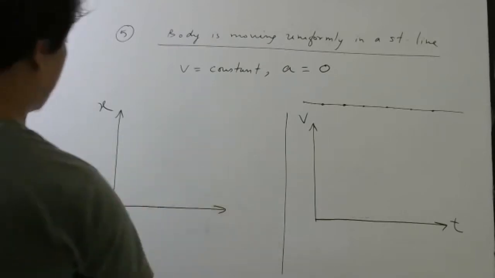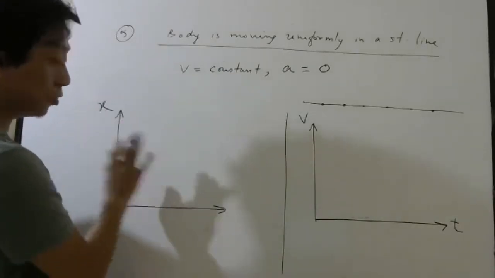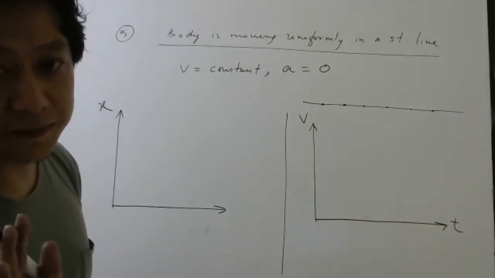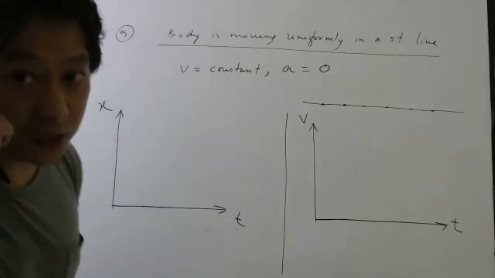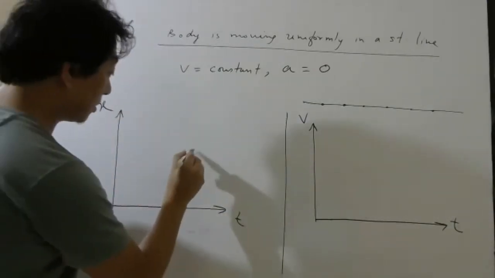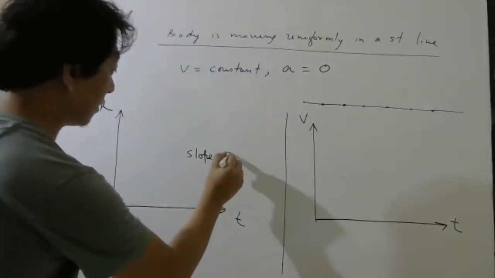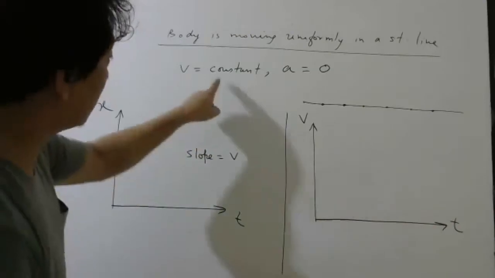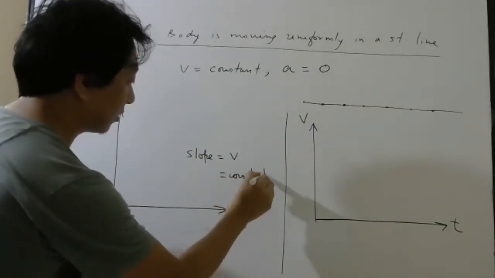Now come to this. Here velocity is constant. Now I'm trying to draw, listen carefully, stop writing. I'm trying to draw the x-t graph, so I should think in terms of slope. What is the slope of the x-t graph? The slope of the x-t graph is velocity. What they told is velocity is constant.